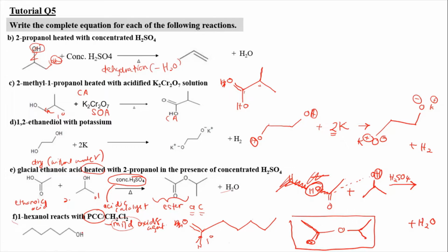Let us do the structure nicely: 1-hexanol reacts with PCC, which is a mild oxidizing agent, and then we draw the arrow as well as the solvent, dichloromethane, and what we're going to get is the hexaldehyde, which is an aldehyde. Let me rub off here so that you can see it clearly.